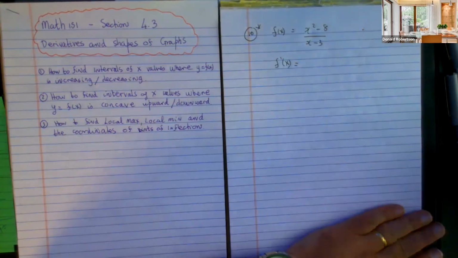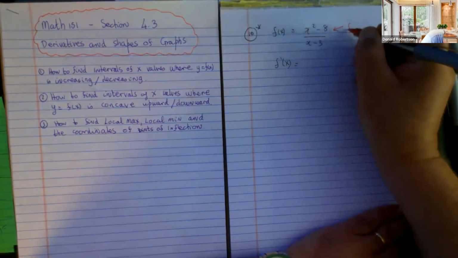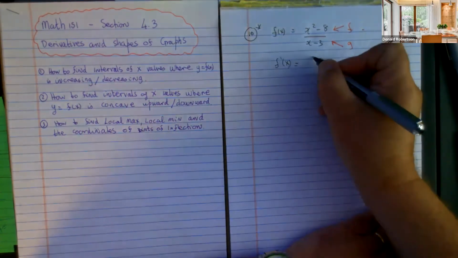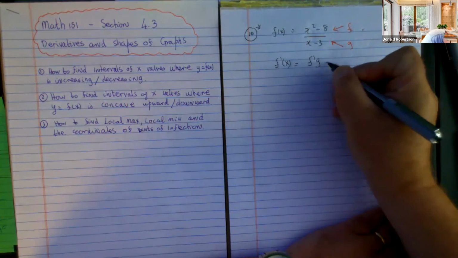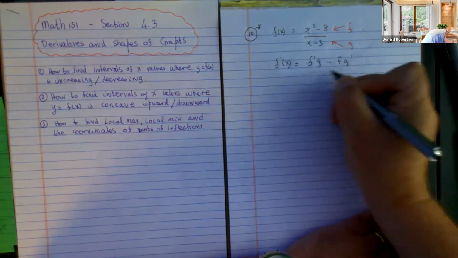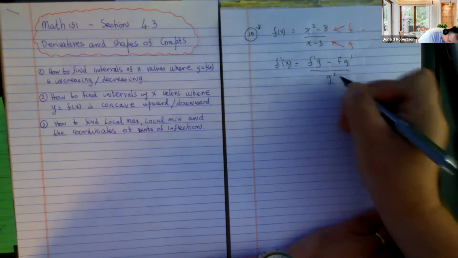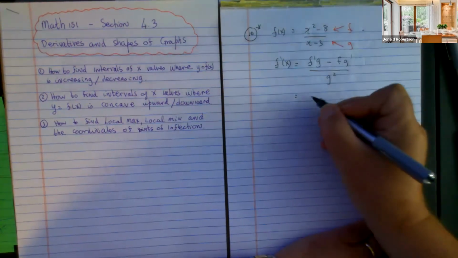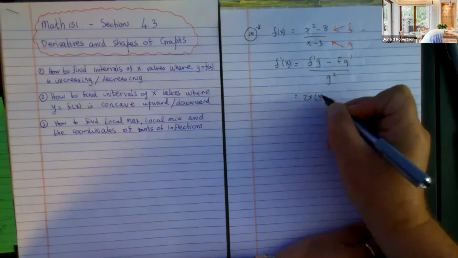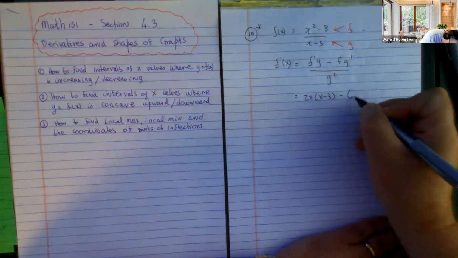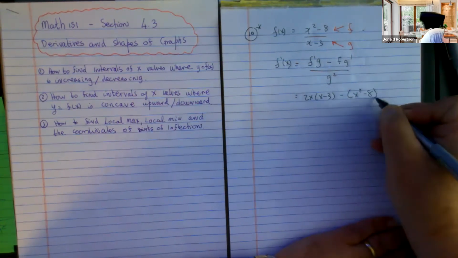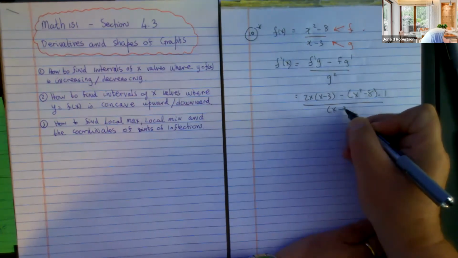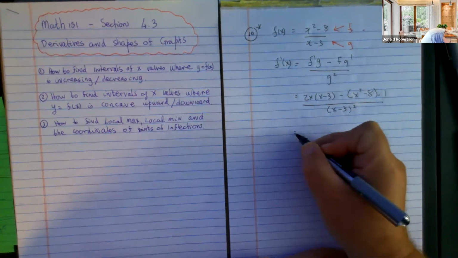To differentiate this function, it's going to be a quotient. It's going to be f dash g take away f g dashed all over g squared. If you differentiate the top, you get 2x, leave the bottom alone, leave the top alone, differentiate the bottom, all over x minus 3 squared.